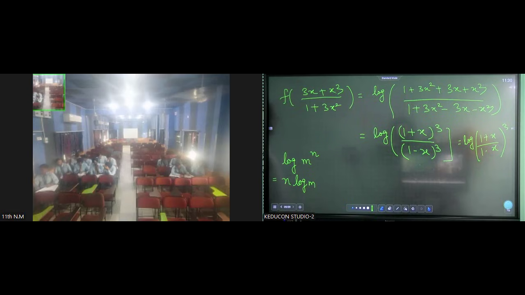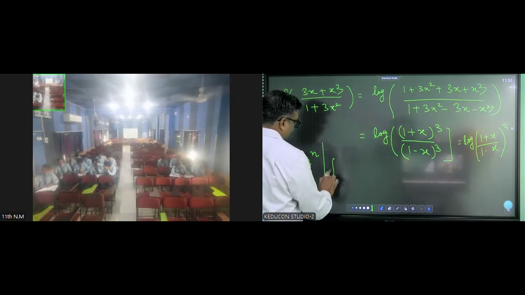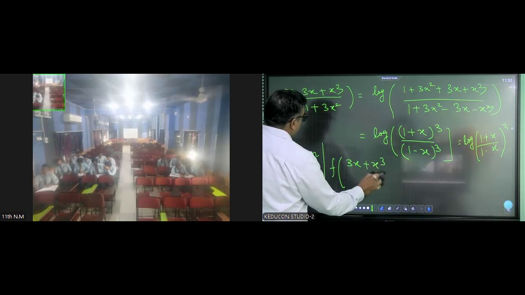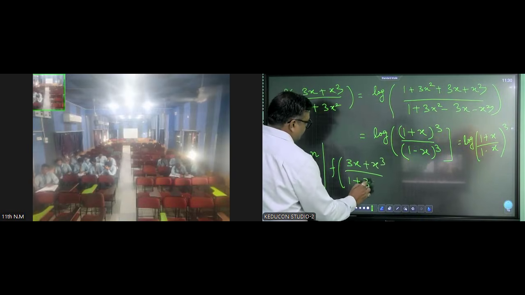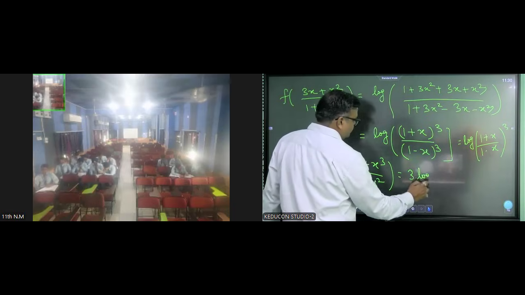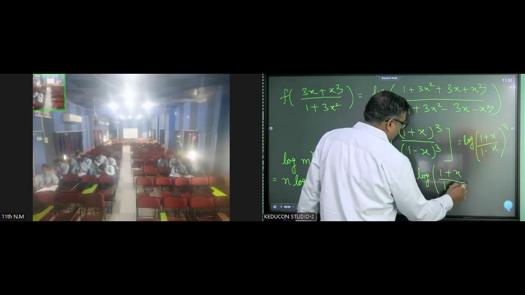So we'll apply this property here, and this term, that is f of (3x plus x cube over 1 plus 3x square), will become equal to 3 of log (1 plus x over 1 minus x).